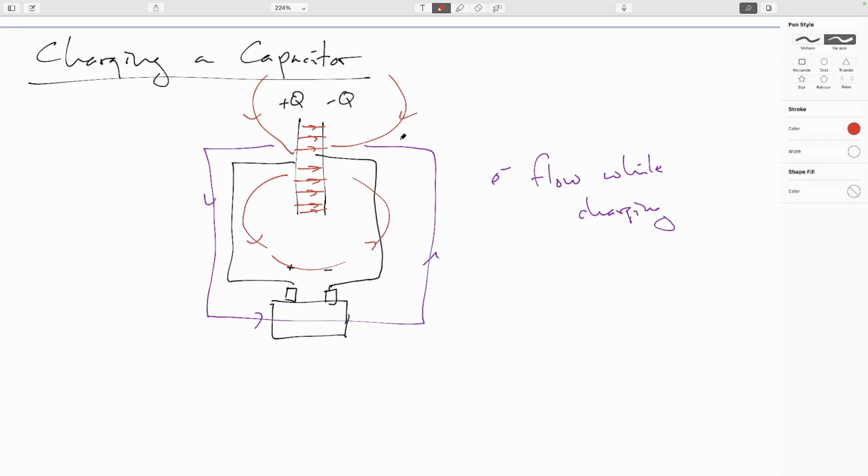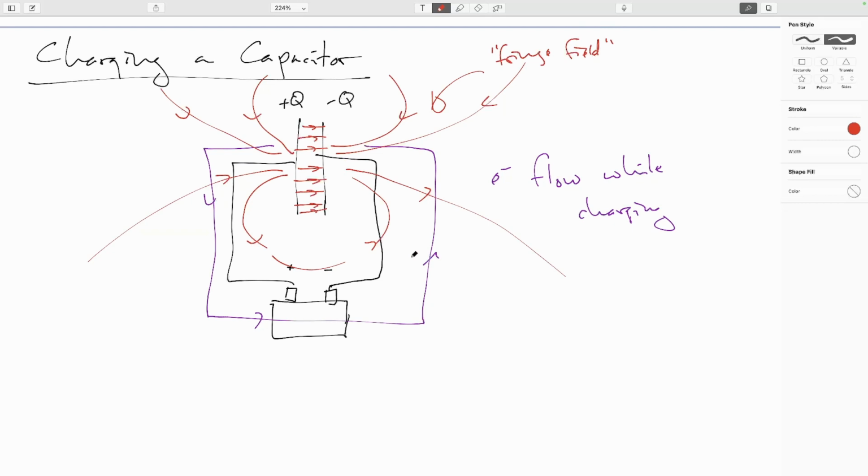And I'll just draw it in a few lines to indicate that. This region right here gets known as the fringe field. It's a lot weaker than the field in the interior, but the point is it's not zero.